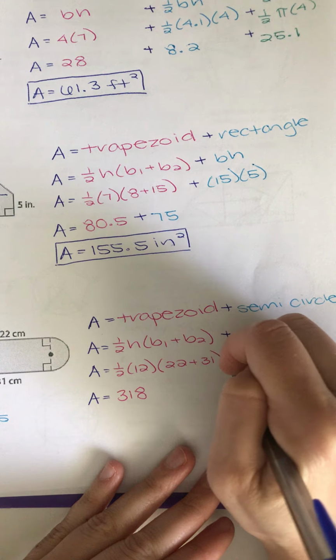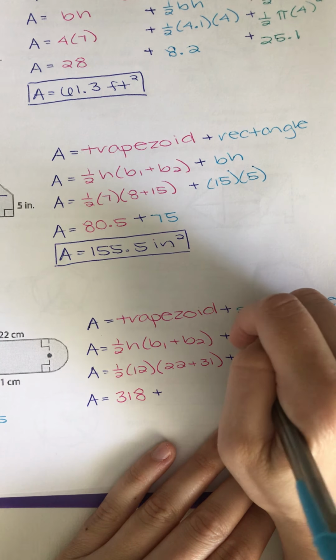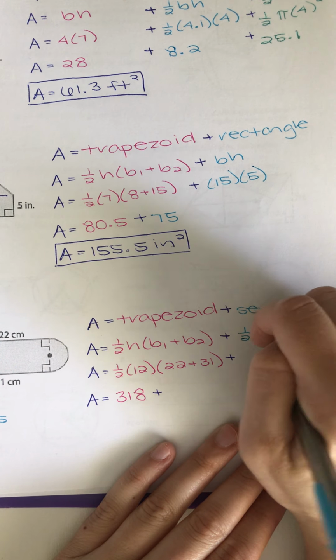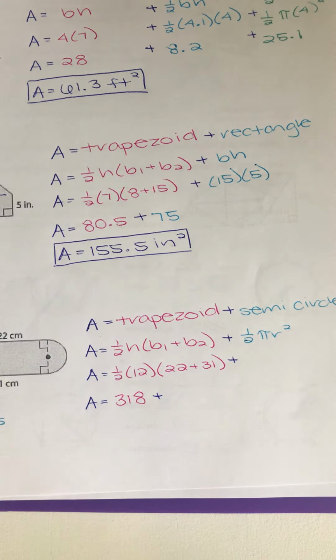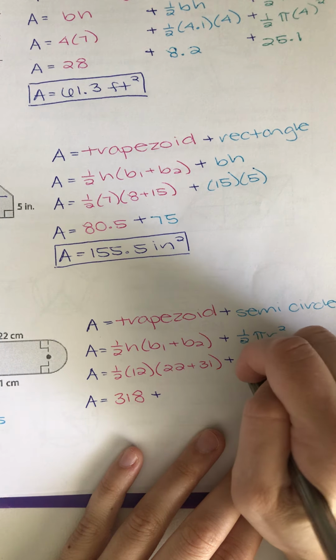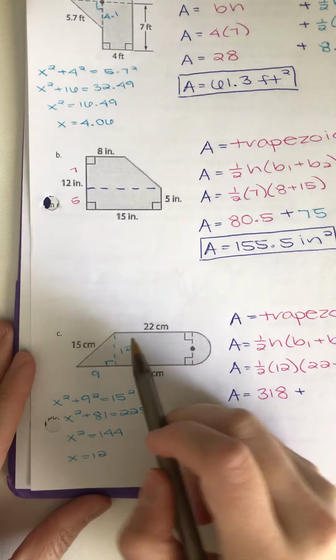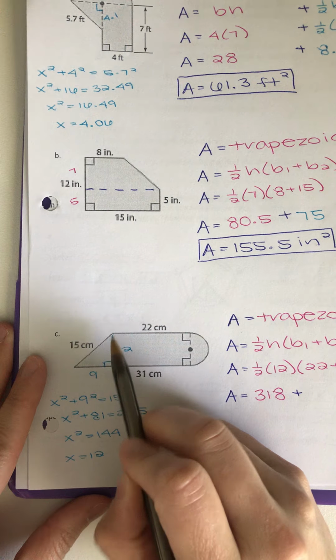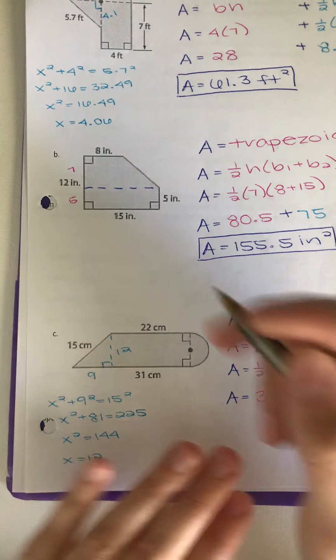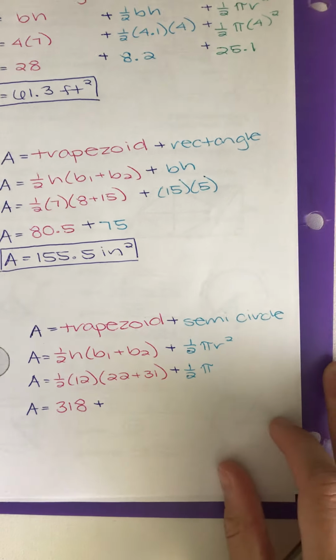If you remember, like we did earlier, the semicircle is going to be 1/2 of pi r squared. We don't really know what our radius is, though. It's not labeled. But if we go back over here, remember this whole thing was 12. So if I want to split this up, it's going to be 6 and 6. So 6 will be my radius.